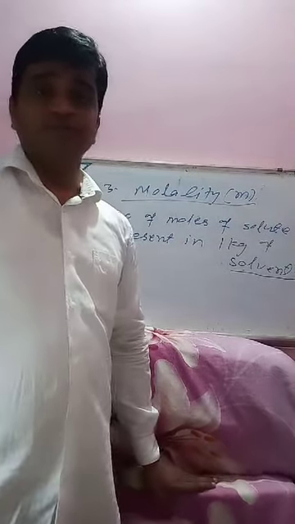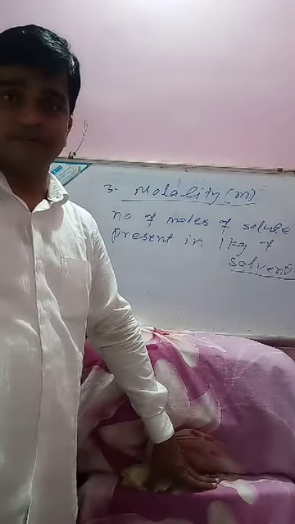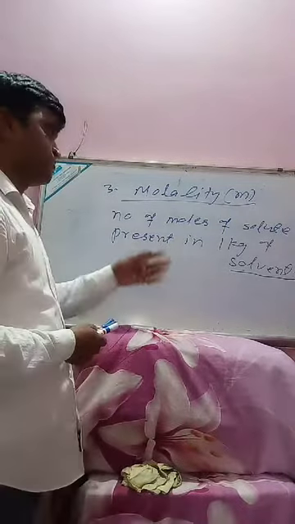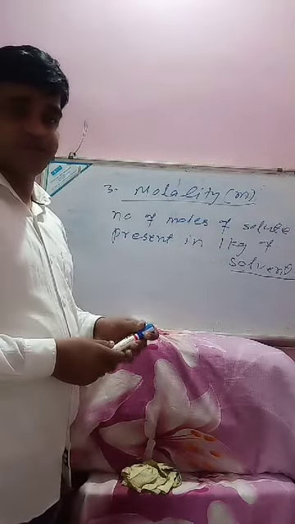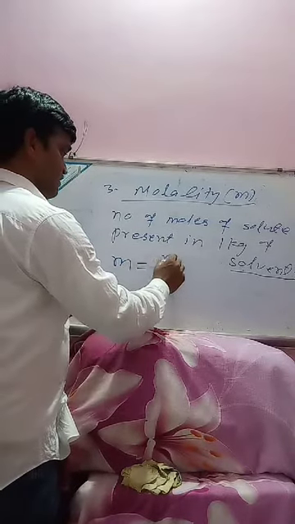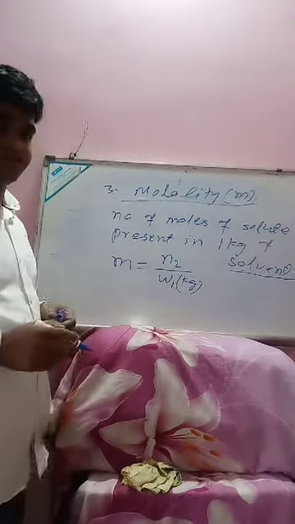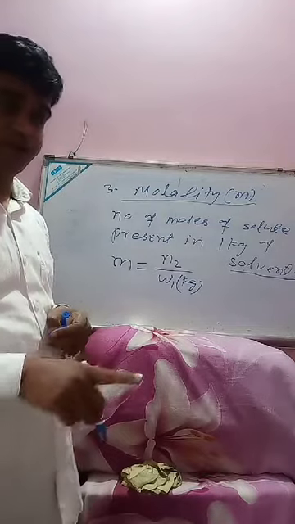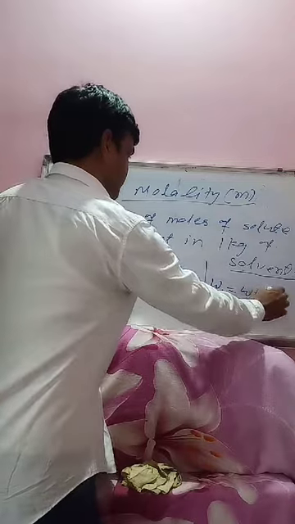The number of moles of a solute present in 1 kilogram of solvent, that is called molality. So mathematically, m is n2 by W1 in kg. What is W1? Weight of solvent. 1 is the subscript for solvent.